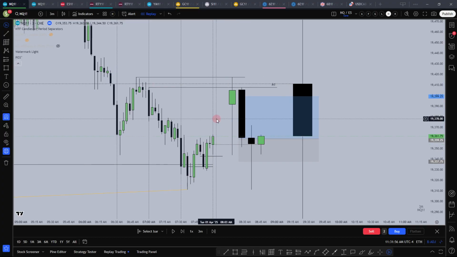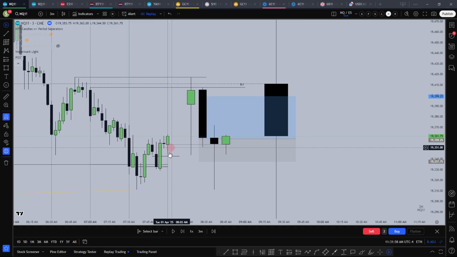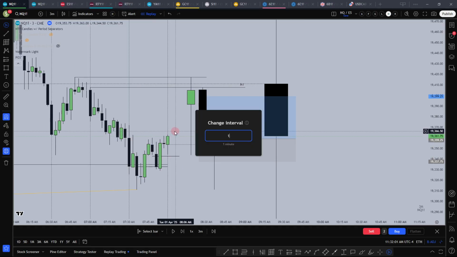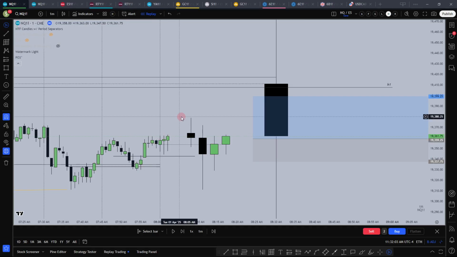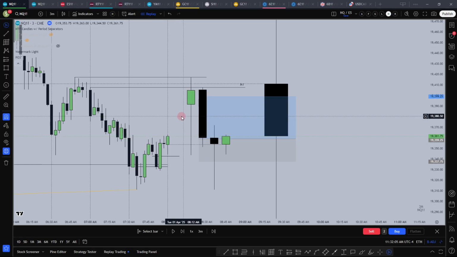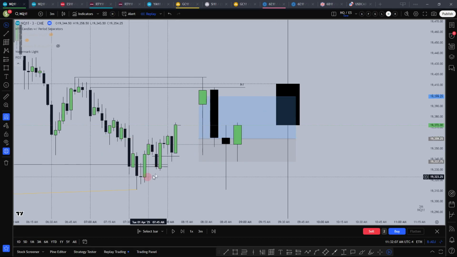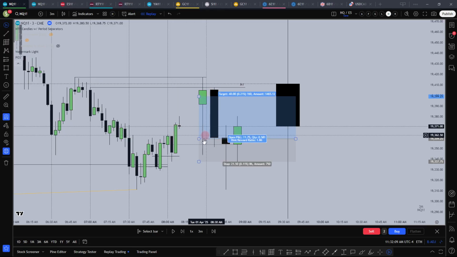I waited for more structure to align. I don't trust this low. You could if you went on to M1, but I don't. Price comes back, respects EQ of this. I don't enter around there. My entry was a bit better.